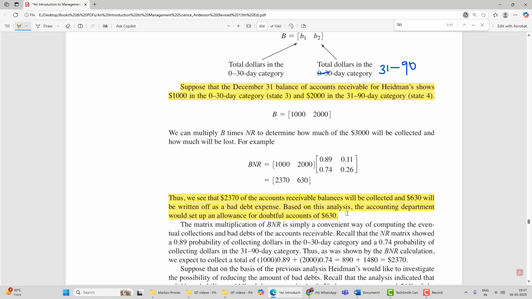So the accounts department has to make provisions for 630 as accounts which are going to be bad debts, and 2370 will be received. Now whenever there is such a situation, if the organization finds that the bad debts are going to be a big sum, then they can suggest something called early payment discounts or cash discounts.